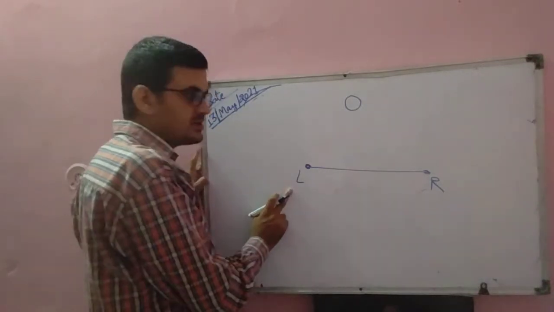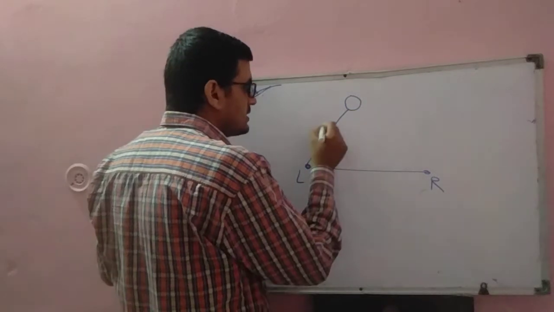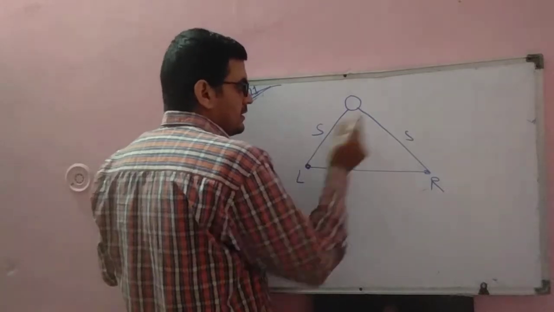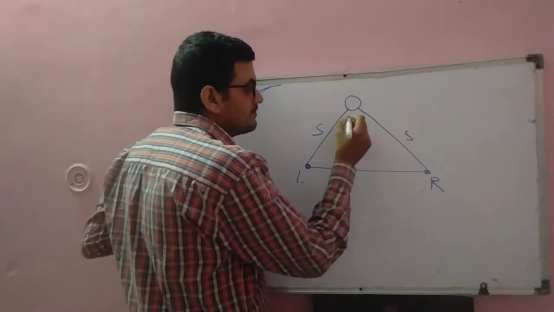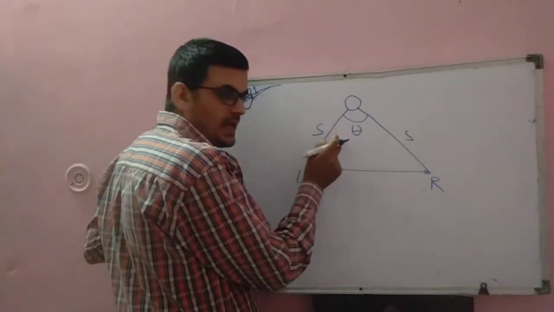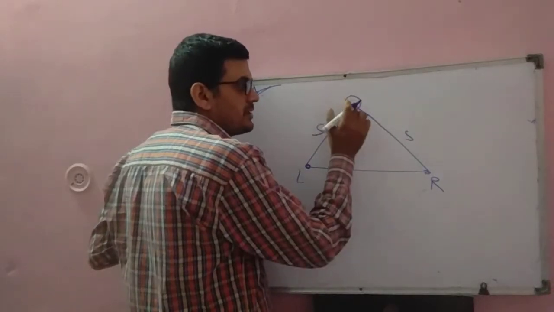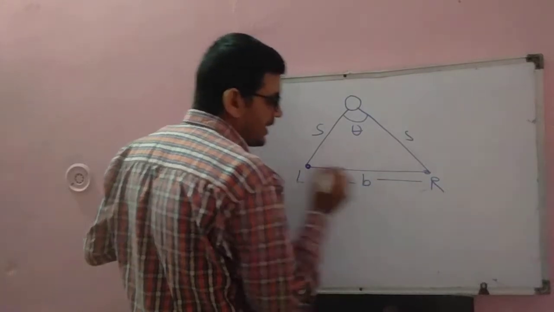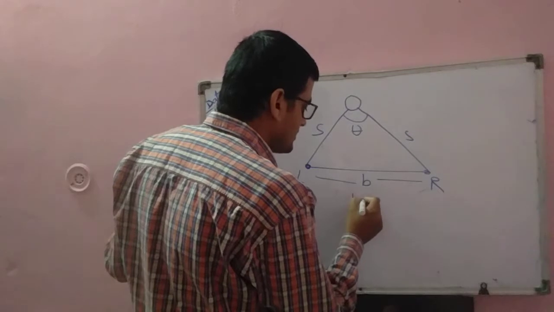Let this distance be S. Let the angle subtended by these points of observation at the object be theta, and B is the distance between the points of observation. This B is called the basis.